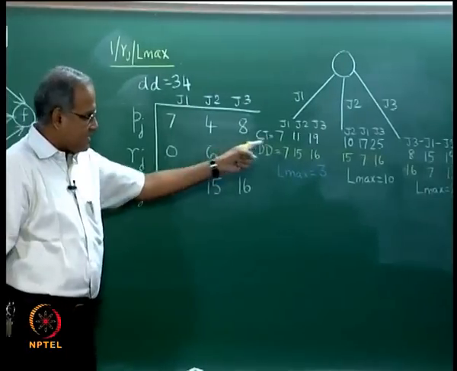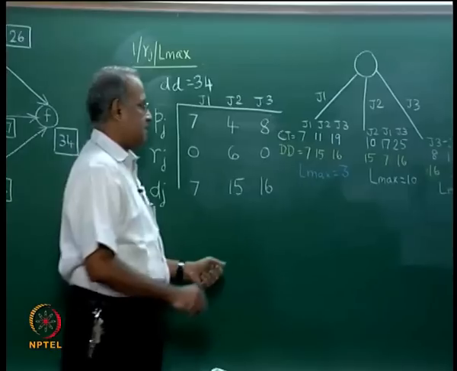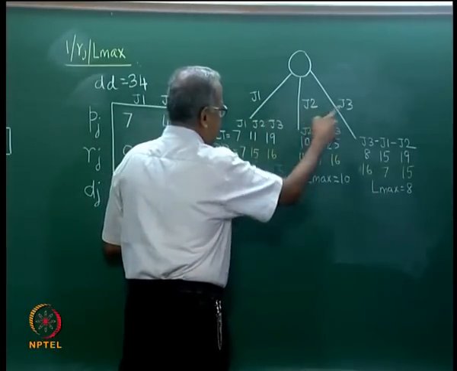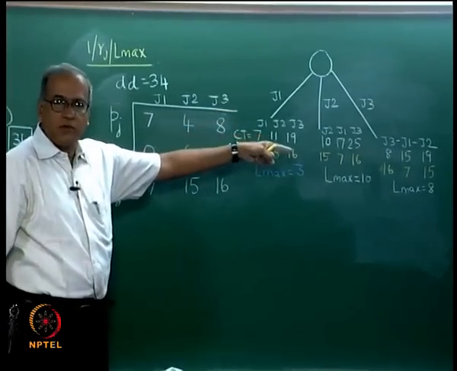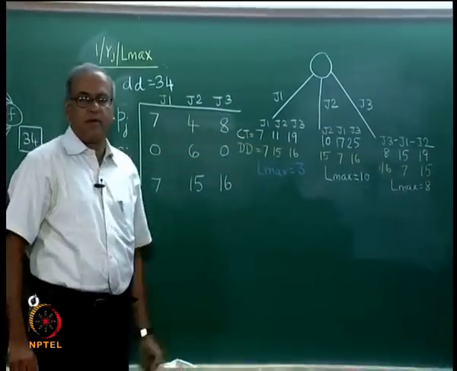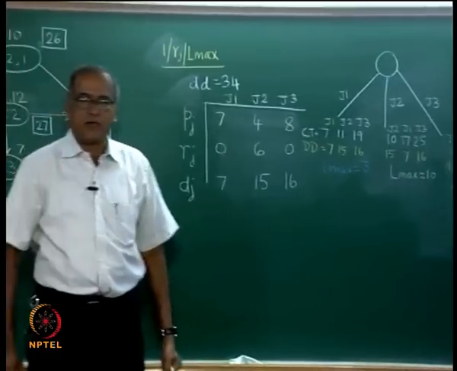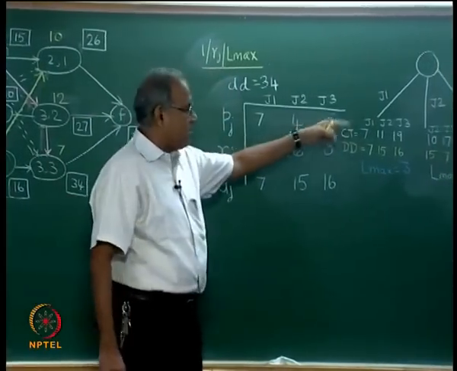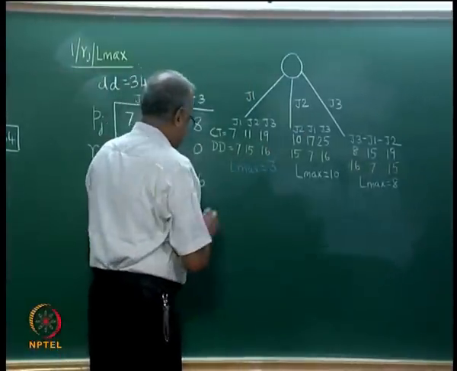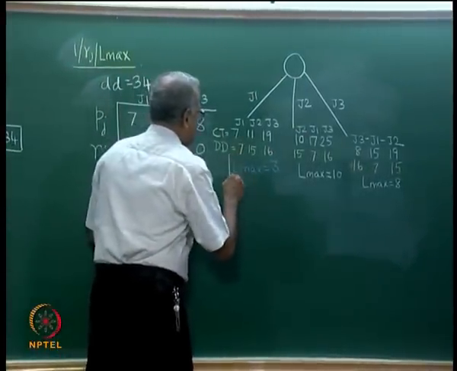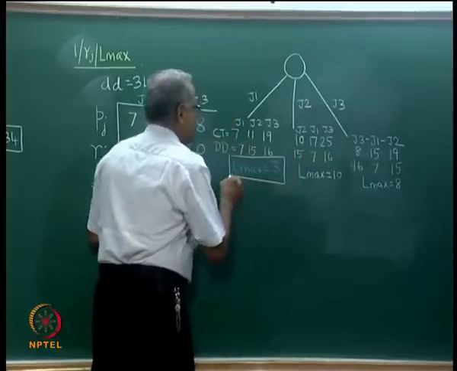Now, in these 3 nodes what we have done is we have started with J1, J2 and J3, and we are able to get feasible solutions by applying the preemptive earliest due date rule. We may also compute the lower bound and proceed, but finally when we solve this problem we will get this solution with minimum L max equal to 3.